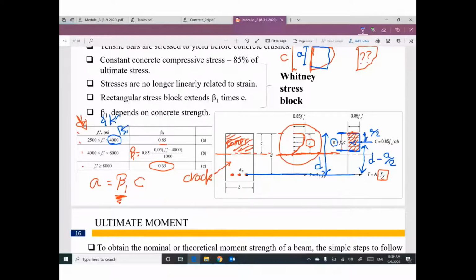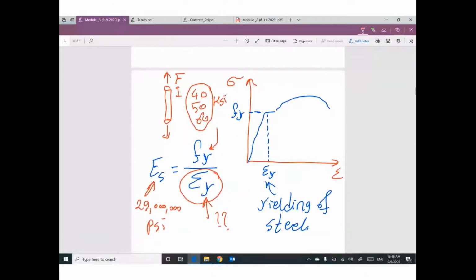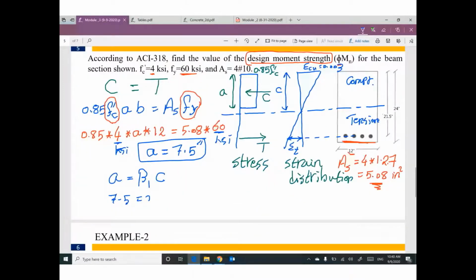So if f'c is smaller than or equal to 4,000, your beta 1 equals 0.85. So this value equals 0.85 times c, and I can figure out the value of c equal to 8.8 inches.